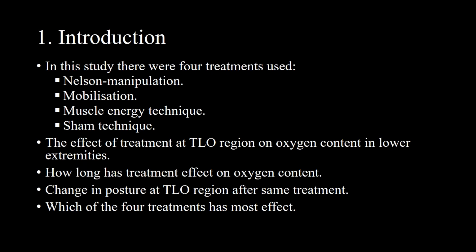First, we investigated the effects of osteopathic treatment of the thoracolumbar region on the oxygen content in the lower extremities. We examined the effects of 4 different treatments and also measured how long the treatment has an effect on the oxygen content.